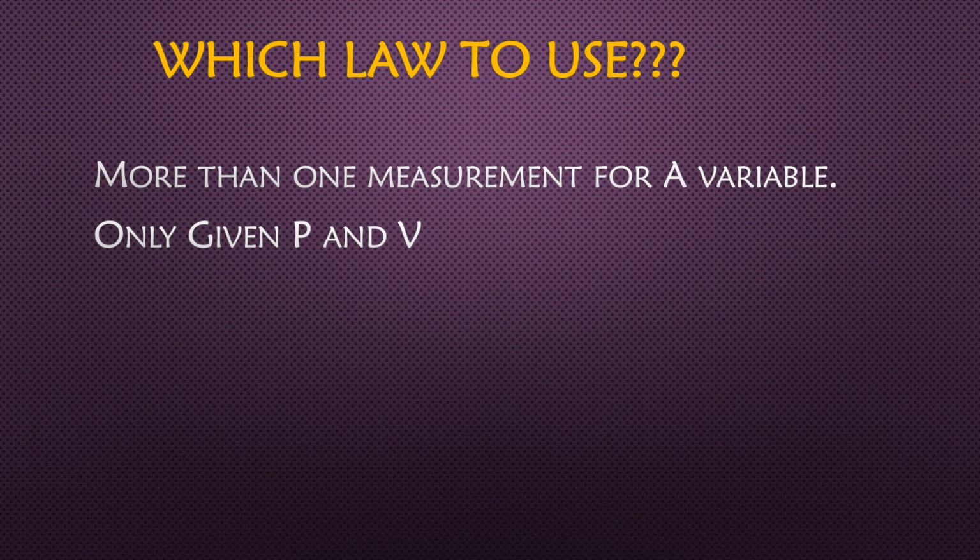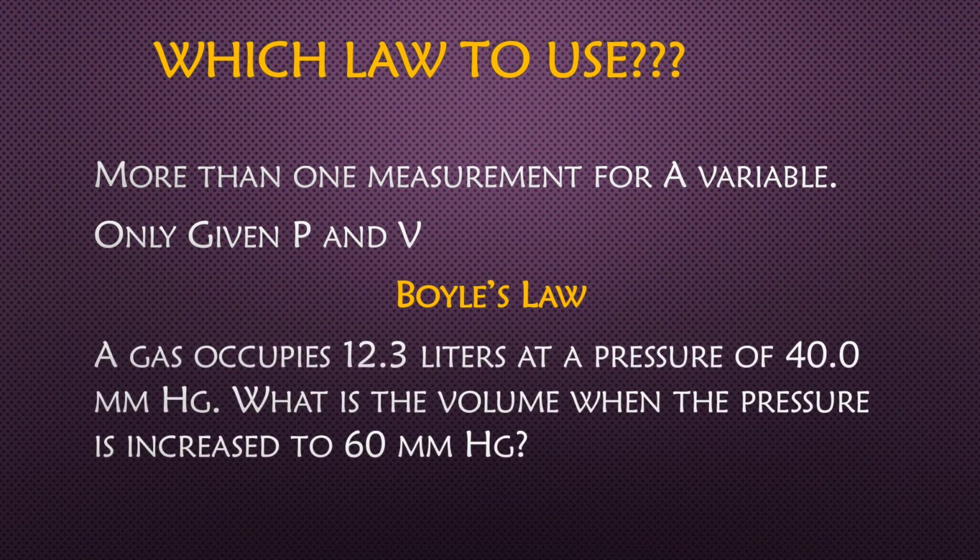You're not given anything else. It's just the pressure and the volume, and they have more than one measurement. So you see two different numbers for pressure and two different numbers for volume, then that is when we will be using Boyle's law. Because remember, Boyle's law is P1V1 equals P2V2.